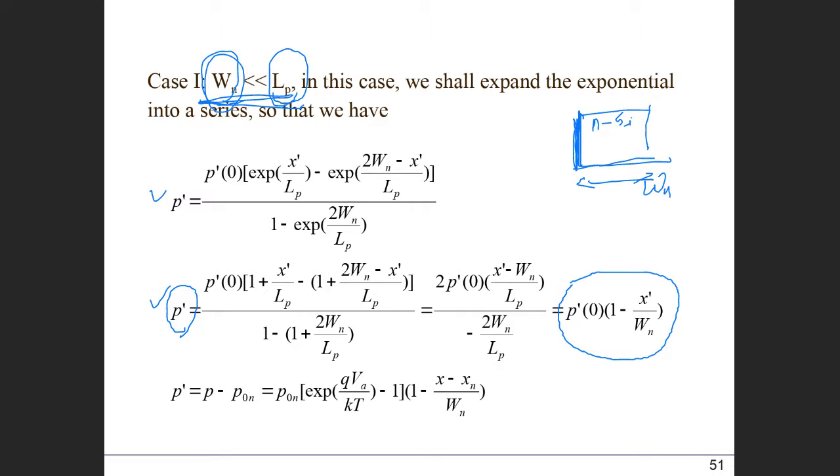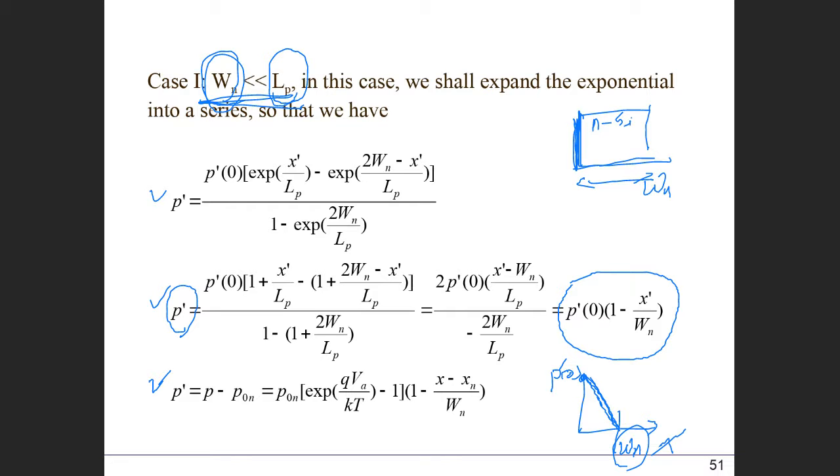This means that when you look at the carrier concentration, now this is the x prime, initially this is 0. Now the carrier concentration is almost linear, so it changes linearly like this, when the Wn is very close to this junction. That gives us the final solution for that specific case.